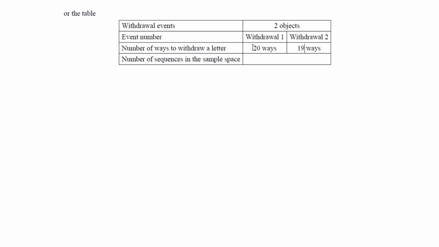In the beginning we have 20 objects available, and after the first withdrawal we have only 19 objects available for withdrawal. Now we use the multiplication principle. 20 times 19 equals 380, and that is the number of sequences in the sample space.